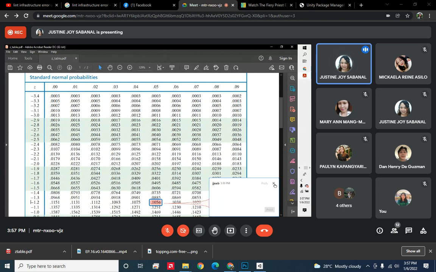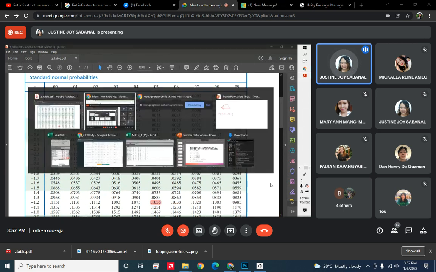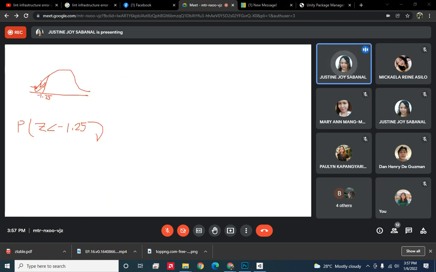Ngayon doon po sa ating tinatanong kung ano yung area, gaano kalaki yung portion na na-cover natin, ang ilalagay nyo lang po dyan ay yung actual value, which is 0.1056. So, another example.